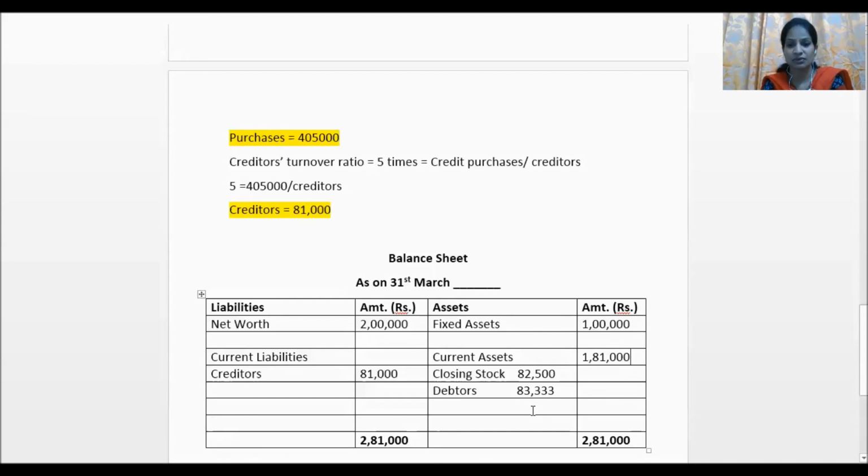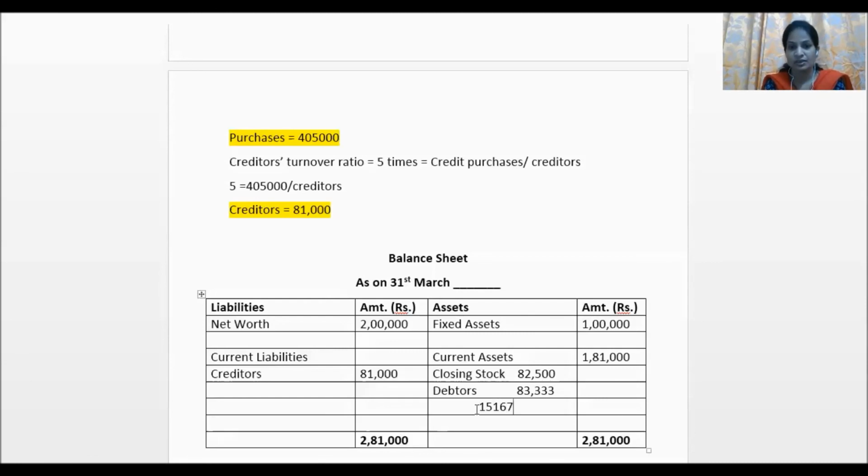Just try and find it out. If you find the total of closing stock and debtors, that amounts to 1,65,833, which is lesser than this. So from this amount we'll minus this total, 1,81,000 minus 1,65,833.